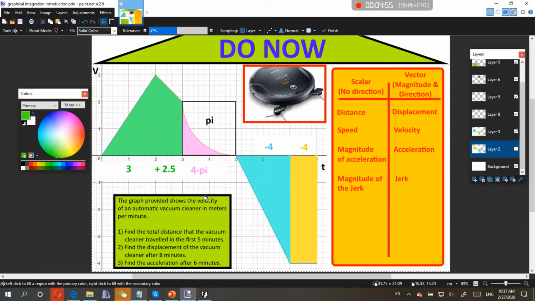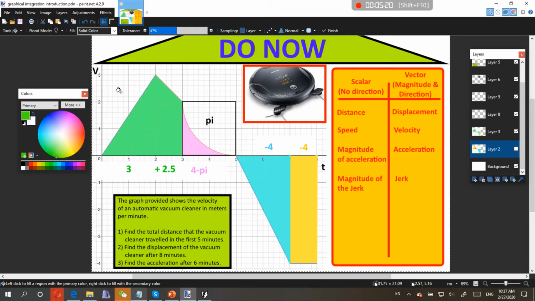So if I want to find the total distance that the vacuum cleaner traveled in the first 5 minutes, what would I have to do? Just add the 3 plus 2.5 plus 4 minus pi. Perfect.